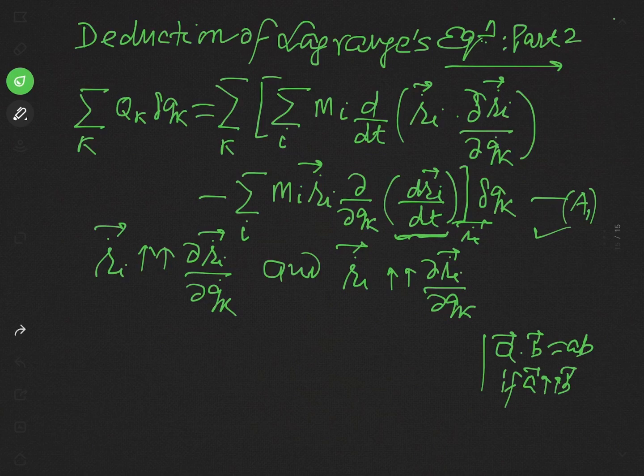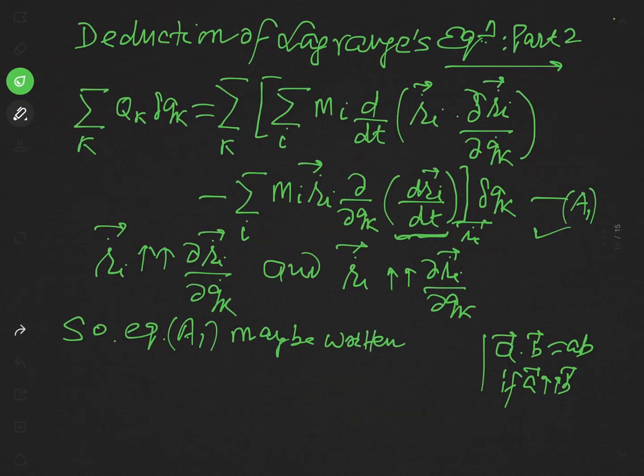So we can write equation A1 in an equivalent form. Remember, in this equation we will write dri by dt equal to ri dot.